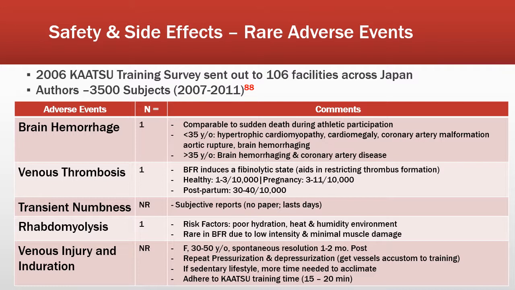I don't quite understand the mechanisms here, because rhabdomyolysis is, as you may or may not know, an excessive breakdown of muscle tissue and the effects that has on the kidneys, and it is a medical emergency. However, with blood flow restriction training, with gradual exposure, there's less DOMS.